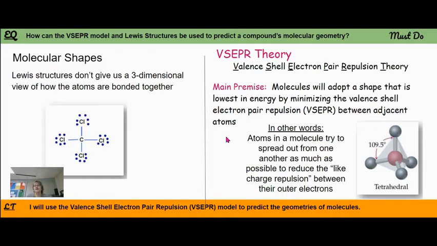Okay, so in other words, atoms in a molecule try to spread out from one another as much as possible to reduce the like charge repulsion. That means like electron to electron, right? Negative to negative, between their outer electrons.